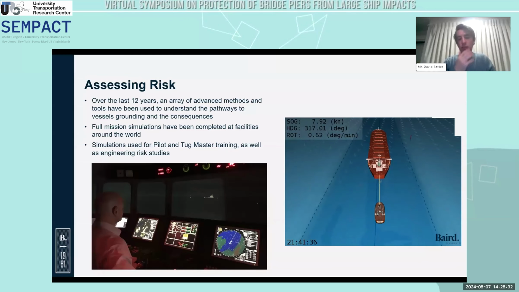As a result of the navigation simulations, we now have a database of over 500 navigation simulations, with a whole range of different controls and different types of incident scenarios, where we can evaluate human factors as well as the effectiveness of different mitigation options.